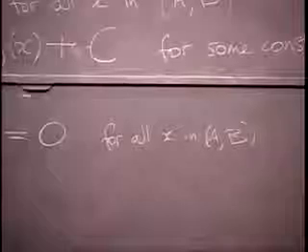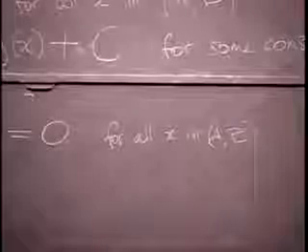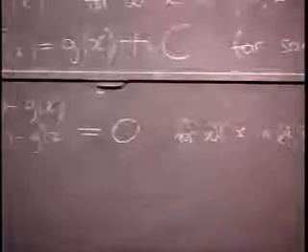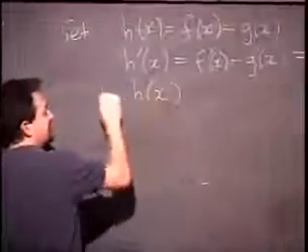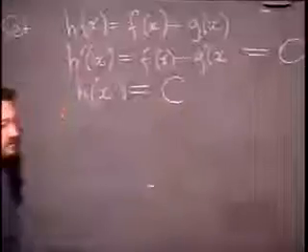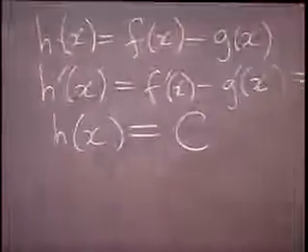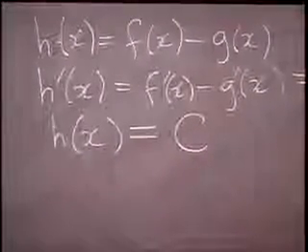All right, so if the derivative of h is always 0, what can we say about h? It must be constant, yes, horizontal, constant. H of x is a constant, which I'm going to call c. It's just a flat horizontal line at some height c.